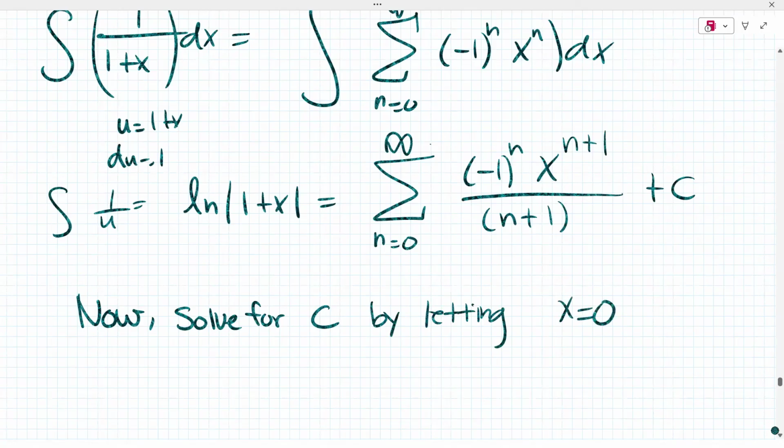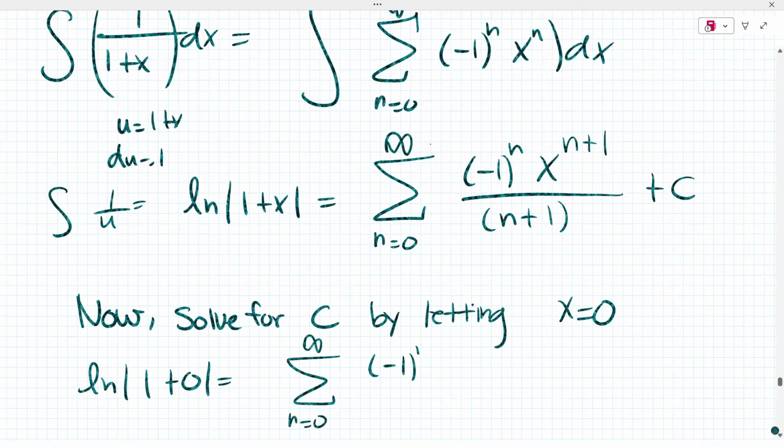So let's do that. So it's going to be ln of 1 plus 0 equals the summation n equals 0 to infinity of (-1)^n. Remember, replace x with 0, so it's 0 to the n plus 1 over n plus 1.